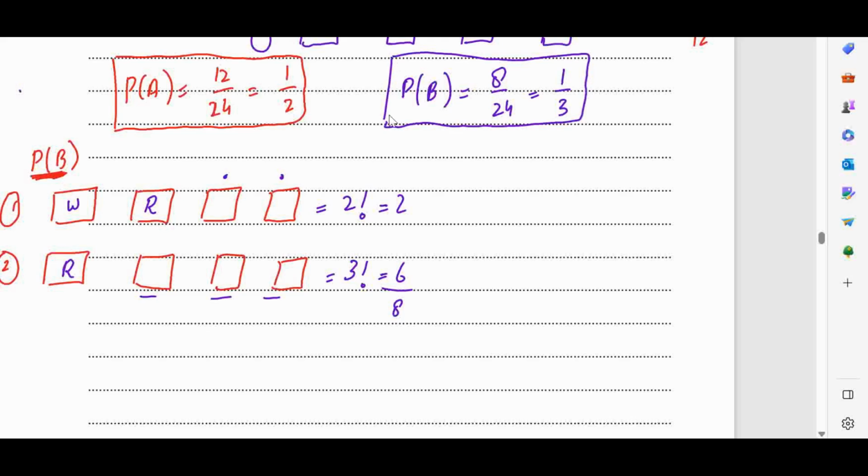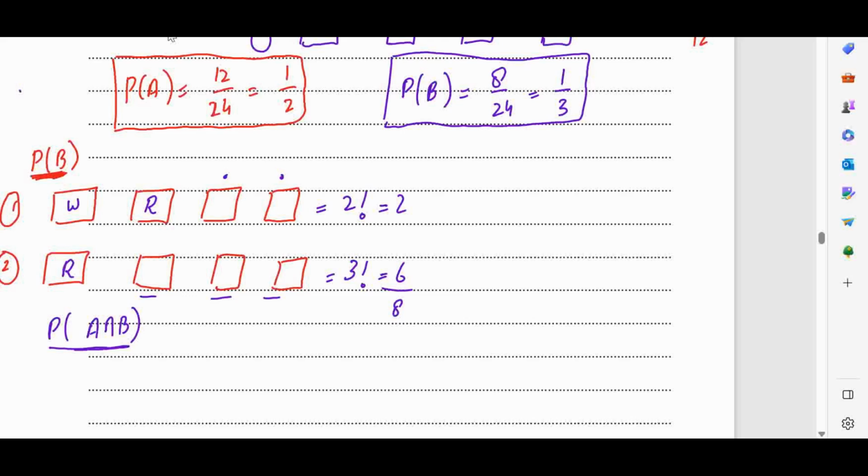Now the next step is we have to find probability of A union B. Sorry, not union, it must be A intersection B. Now the next working is for A intersection B, because we have to prove the independence, whether it is independent or not.